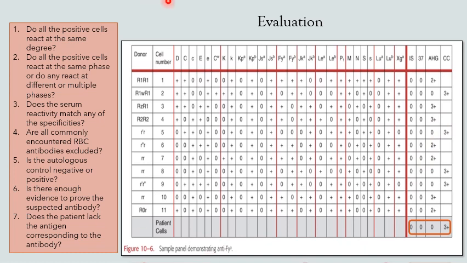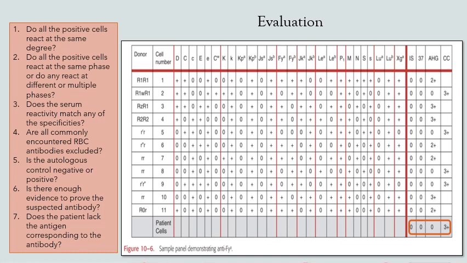Number 2, do all the positive cells react at the same phase, or do any react at different or multiple phases? Different cells reacting in one phase and different cells reacting at another phase will indicate multiple antibodies. Cells reacting at multiple phases may also indicate antibodies showing dosage.